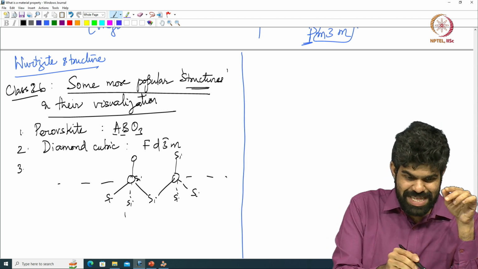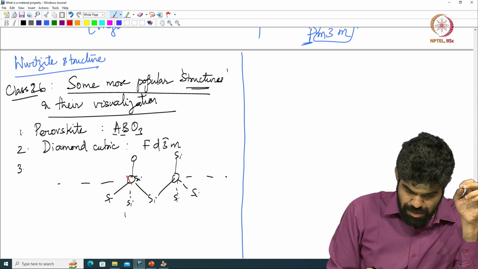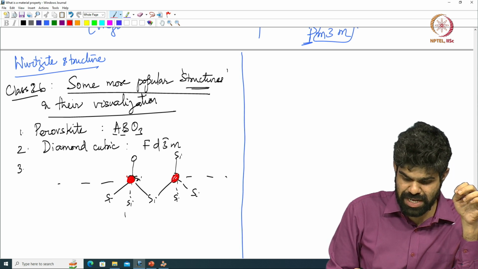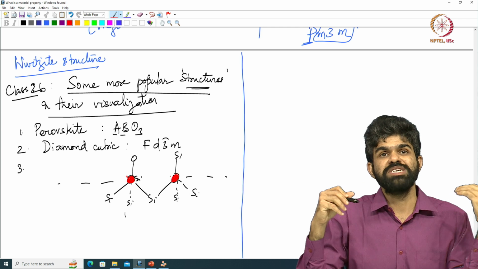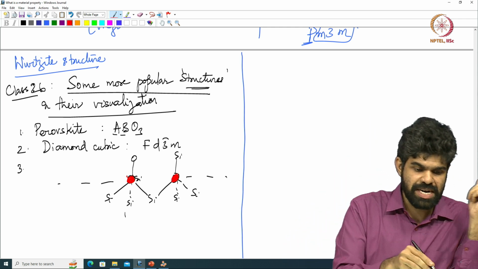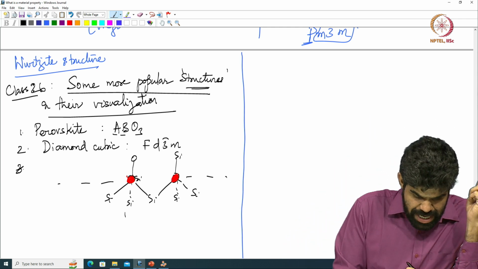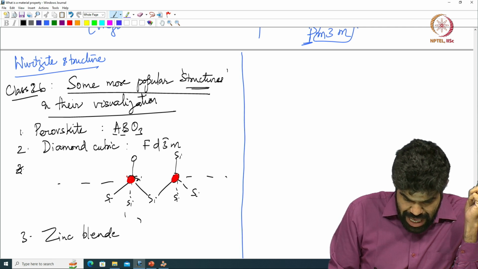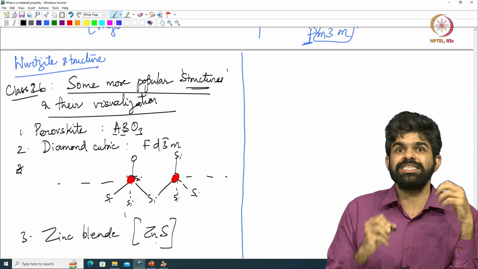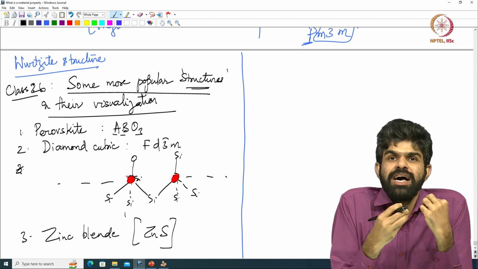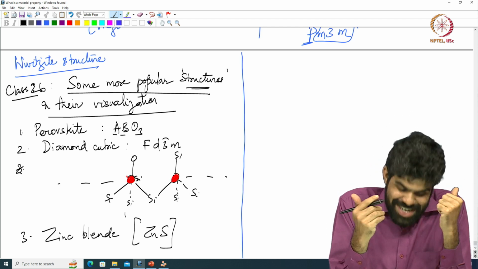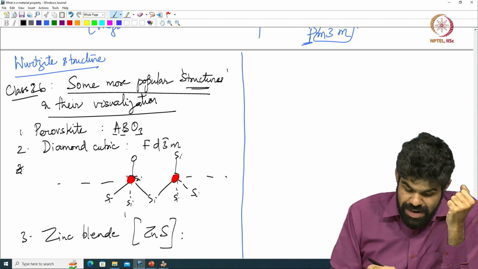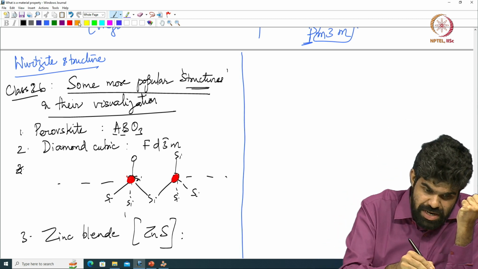However, I take the central atom of every tetrahedron and I am going to replace it not with silicon but with something else, right. So I am going to replace the central atom. The central atom of the tetrahedron is going to be different compared to the corners of the tetrahedron. Then we have arrived at what are called zinc blende structures, and ZnS itself is zinc blende, it is a mineral, and ZnS itself has a zinc blende structure, and so you lose out on the inversion symmetry, which is supposed to be this point here, right.